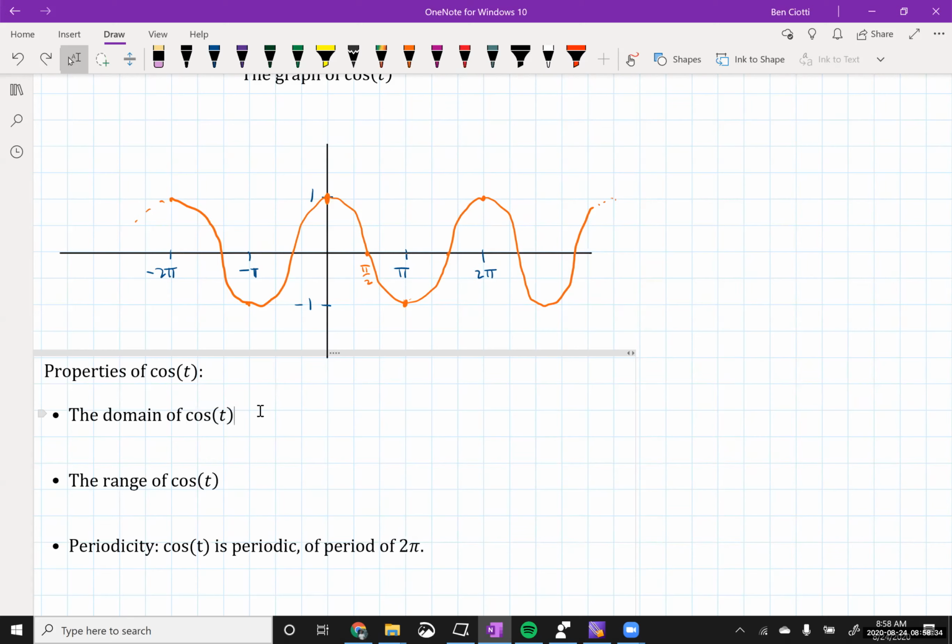Again, you can plug in any real number, so the domain is all real numbers. And the range: the cosine graph looks a lot like the sine graph, and again it's trapped between negative 1 and 1. So the range is negative 1 to 1.